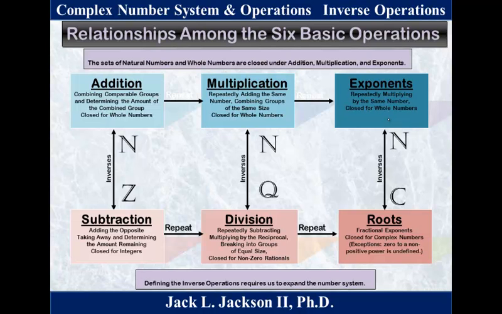Well, if we want to undo multiplication, we have to be able to divide. Or we can think of division as multiplication of the reciprocal. But this requires us to expand our number system, not only from the natural numbers to the integers, but all the way to the rational numbers. Except 0 doesn't have a reciprocal, but all the other rational numbers do have reciprocals.